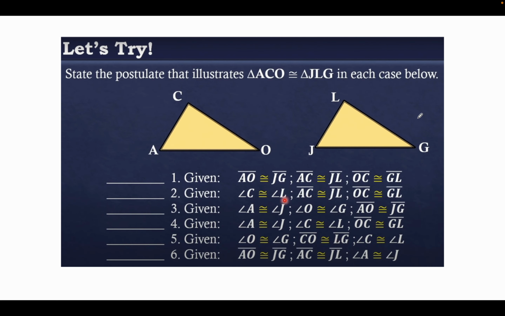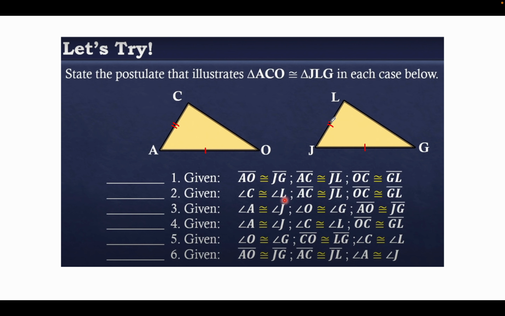Okay, let's try this one. So, number one, let's do the markings here. Side AO is congruent to side JG. And AC here, this is how we prove kapag walang markings yung triangles or any figure, we do the markings ourselves. Then, we have line segment AC and JL.